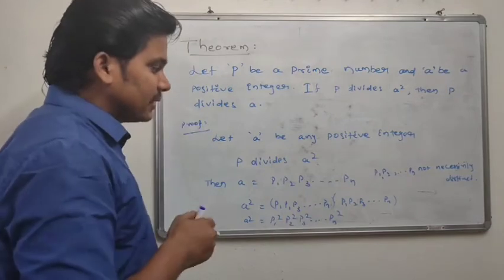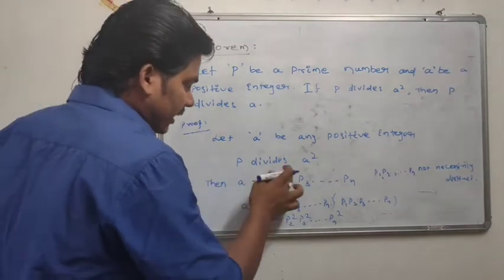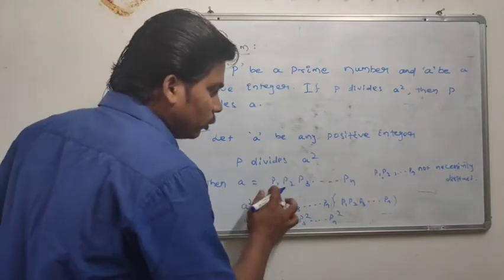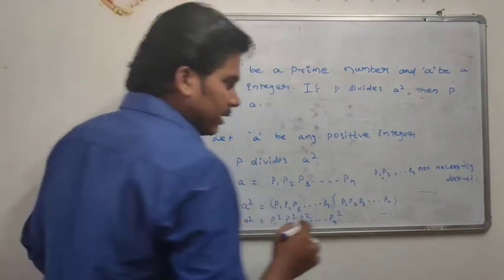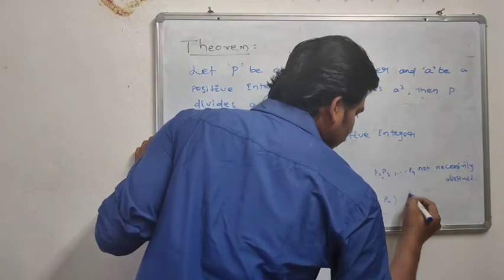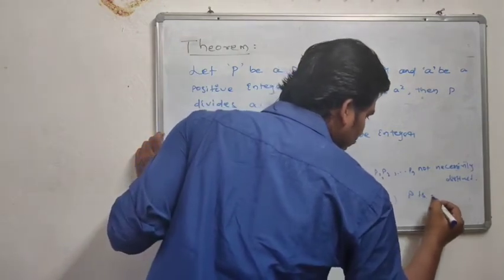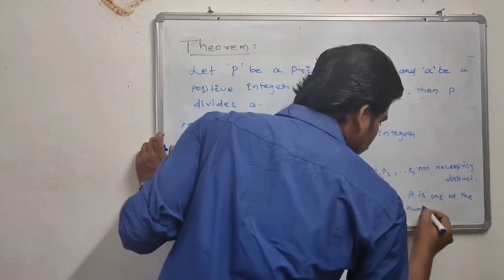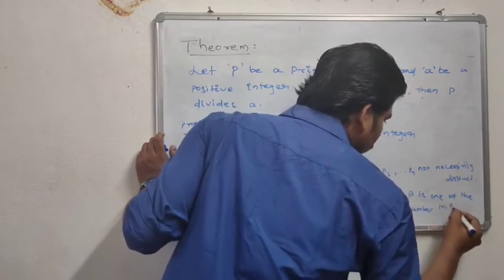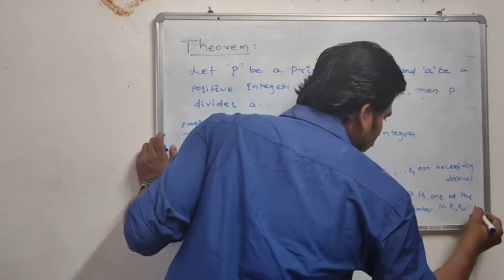Again, p is one of the numbers in p1, p2, p3 dot pn.